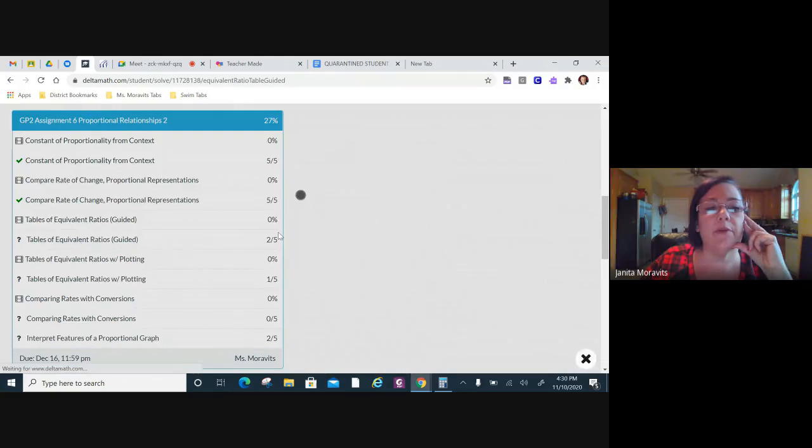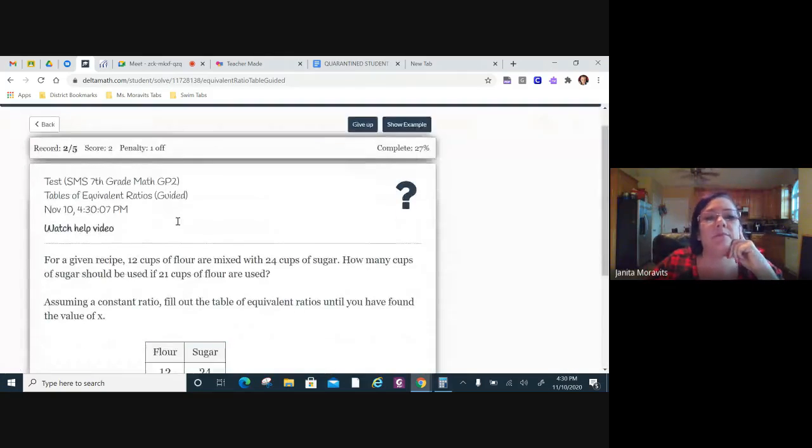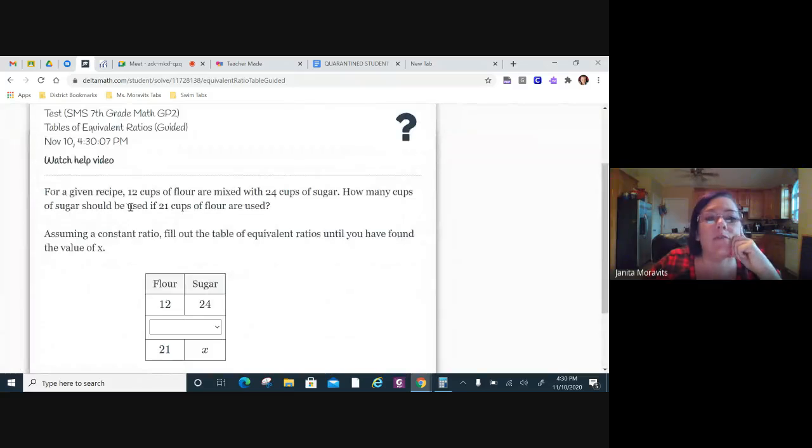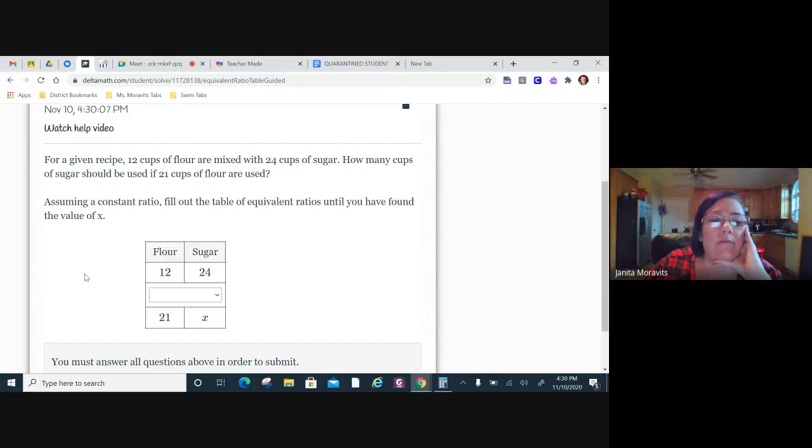Tables of equivalent ratios right here. All right, this says for a given recipe, 12 cups of flour are mixed with 24 cups of sugar. So how many cups of sugar should be used if 21 cups of flour are used? Assuming a constant ratio, fill out the table until you find the value.